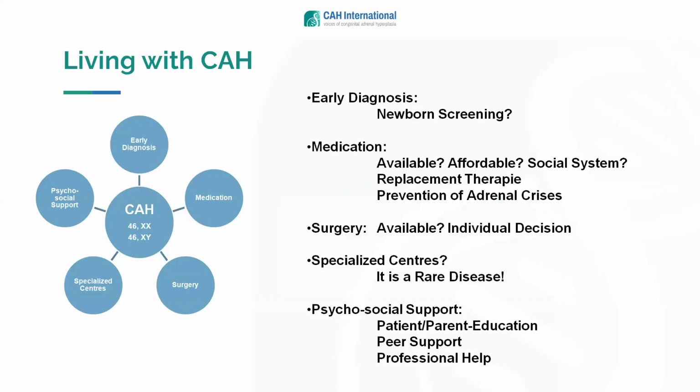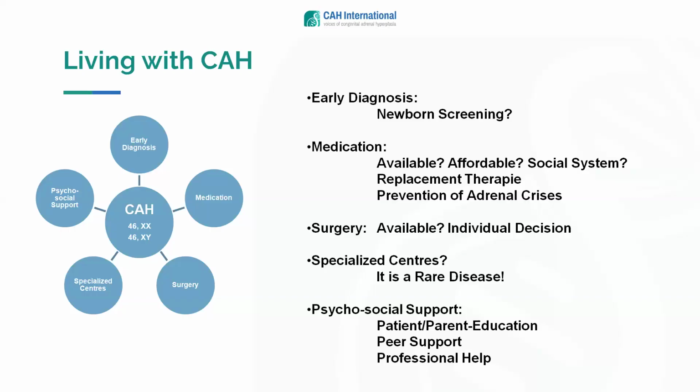Then the topic of medication. Is medication available? Yes, as you mentioned now, Dr. Laigong, it's not affordable, it's so expensive. That's what we hear from so many countries through our contacts now in CIH International, that no hydrocortisone is available, or it's not affordable.